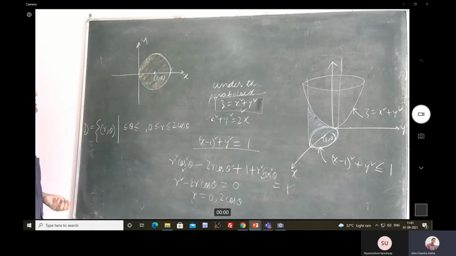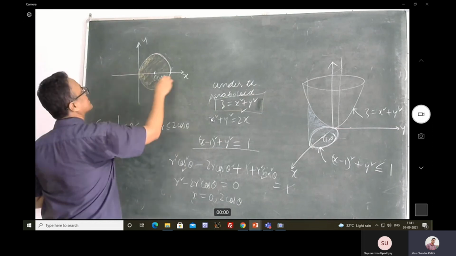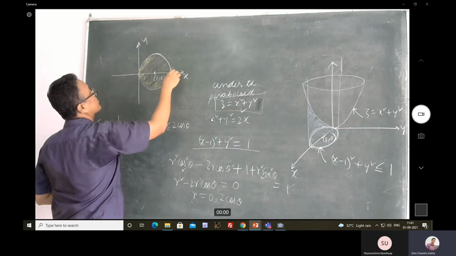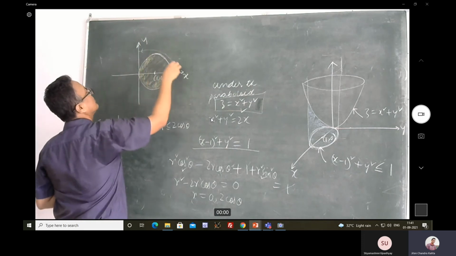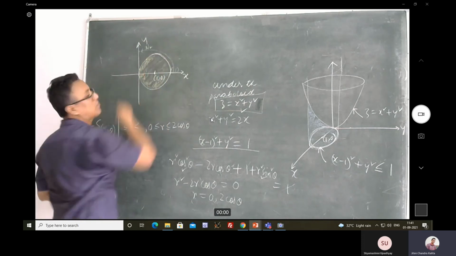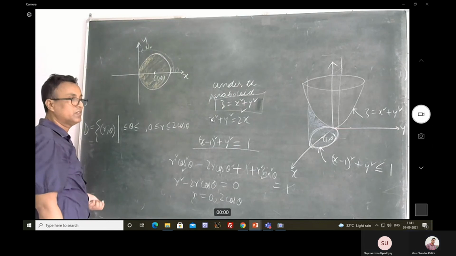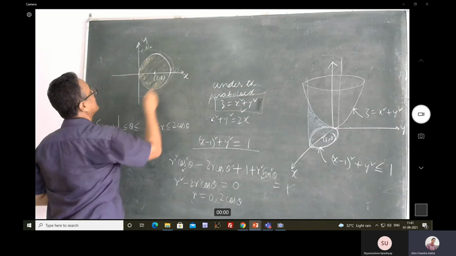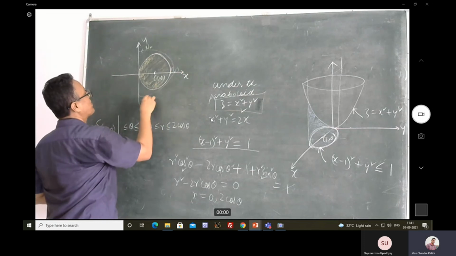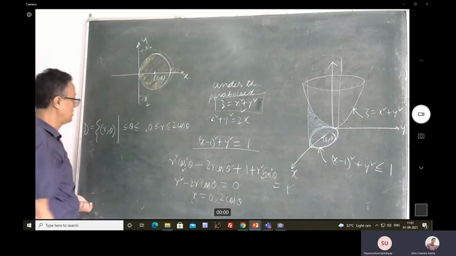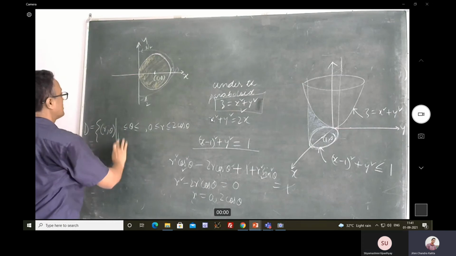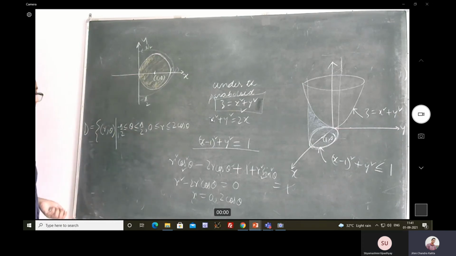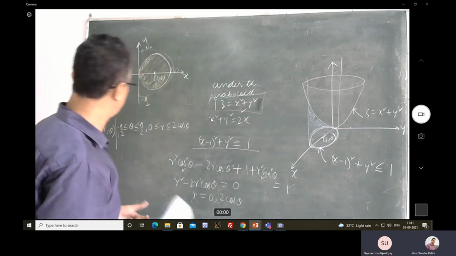Now, in this quadrant, theta goes from 0 to pi by 2. And in this quadrant, it goes from minus pi by 2 to 0. So theta is going to lie between minus pi by 2 and pi by 2. Is it okay?